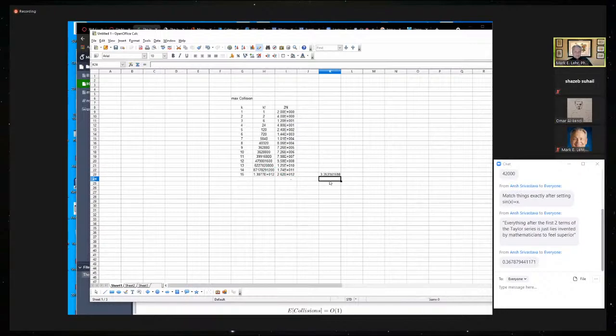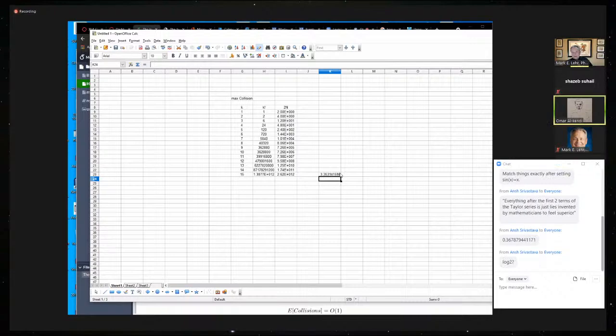The log is bigger than base 2 log, but less than the natural log.